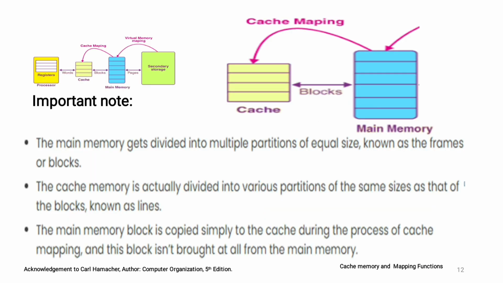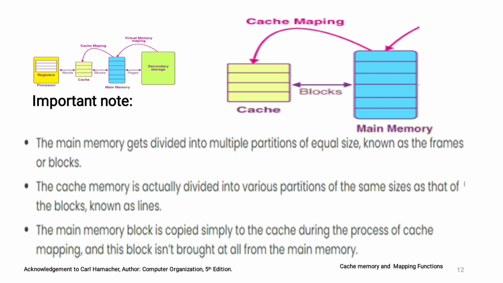An important note: in the bigger figure, we had seen everything from registers, cache and main memory to the secondary storage device. Now we are focusing only on the correspondence between main memory and cache in terms of blocks, where a block of data from main memory can be found in a line of cache. That is cache mapping.